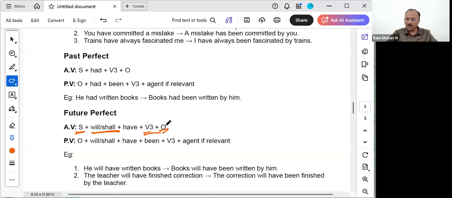So what will happen? The object will become the subject. Will or shall will apply as it is. Have will come. Only one thing, the word been will get added, followed by V3 and the agent wherever relevant. Here, he will have written books. The object is books, so it becomes the subject. Books will have been, the word been got added here, written by him. Books will have been written by him.